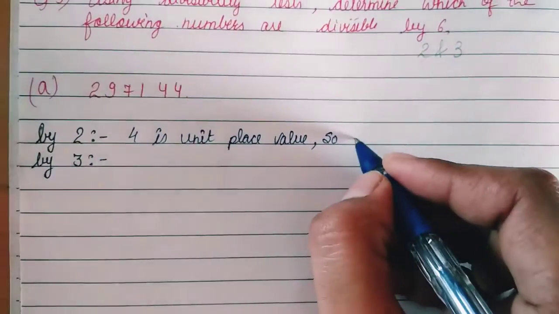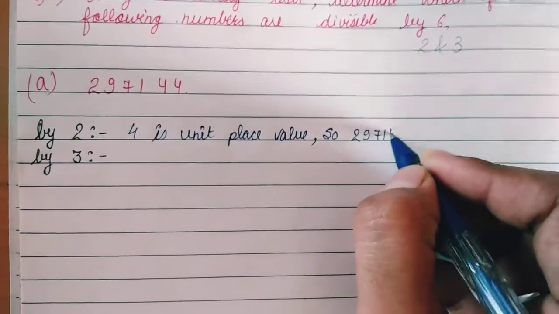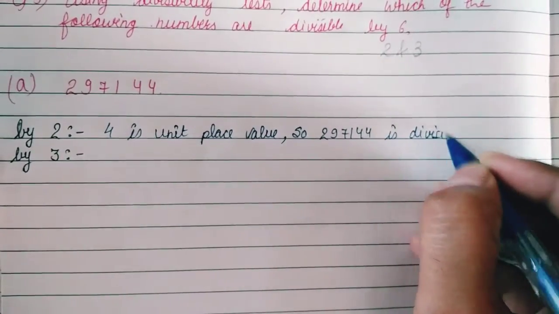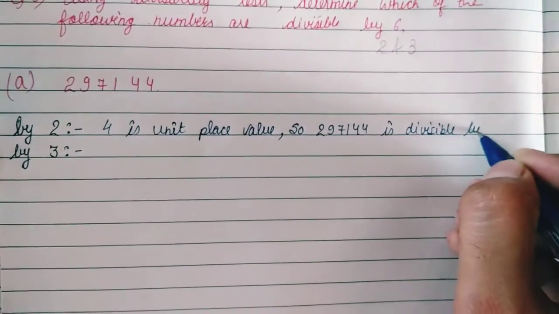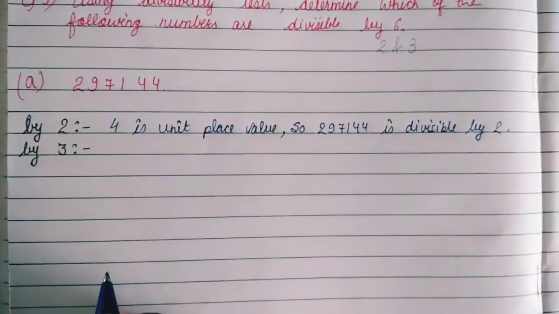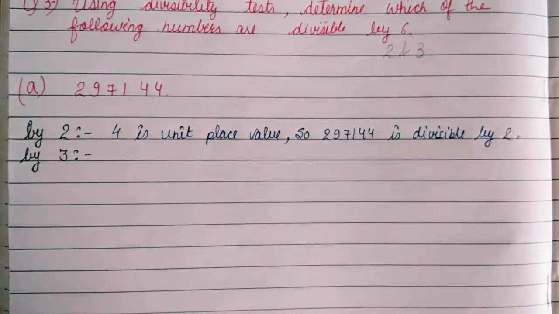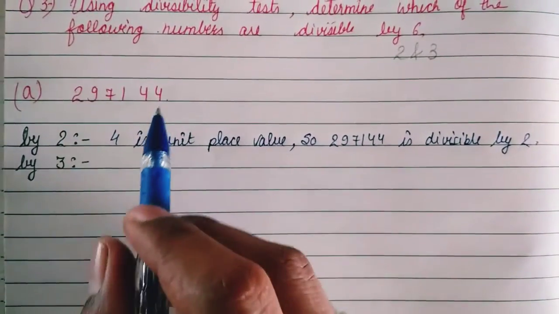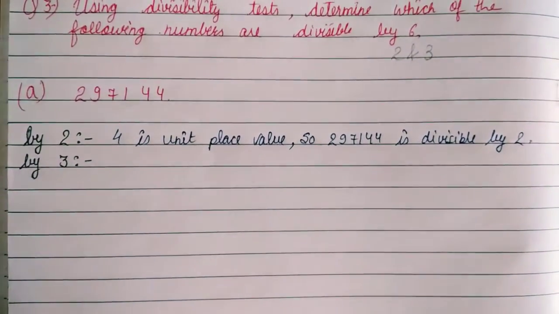So our number 297144 is divisible by 2. When at the unit place we have a digit like 0, 2, 4, 6 and 8, at that time the number is divisible by 2.